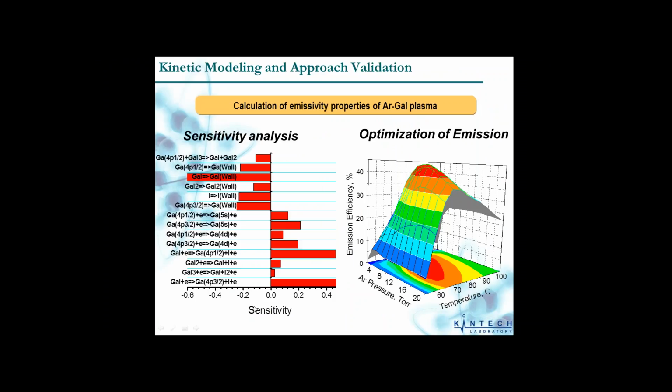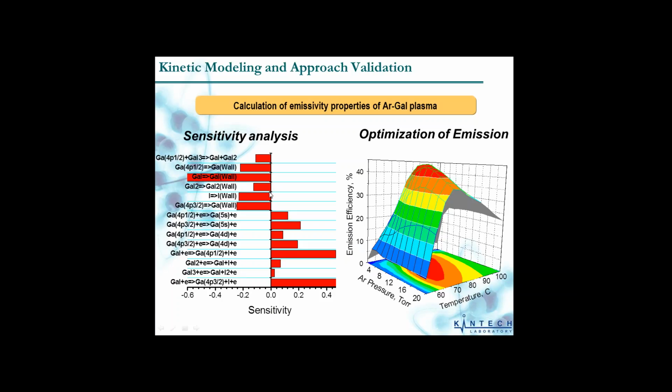Sensitivity analysis permits us to understand which reactions are the principal ones here. So here you see the positive sensitivity means that this reaction is responsible for the increasing of the emission efficiency, and the negative is responsible for the decreasing of the emission efficiency. As we expected, the principal input to the efficiency is concerned with the dissociation of the gallium iodide and formation of the gallium in the metastable state and the ground state.